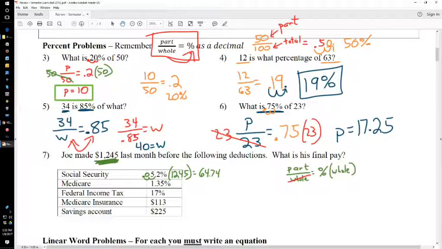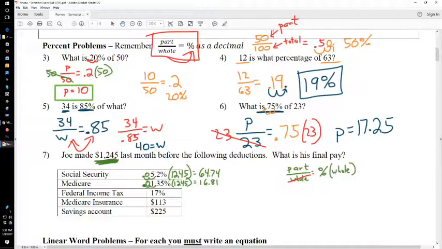Same thing for this one, the Medicare tax. Again, move your decimal point twice to the left, so 0.0135. Again, he made $1,245, so 1245 times 0.0135, and you get 16.8075, which we'll just round to 16.81. Because we're dealing with money, you want 2 decimal places.